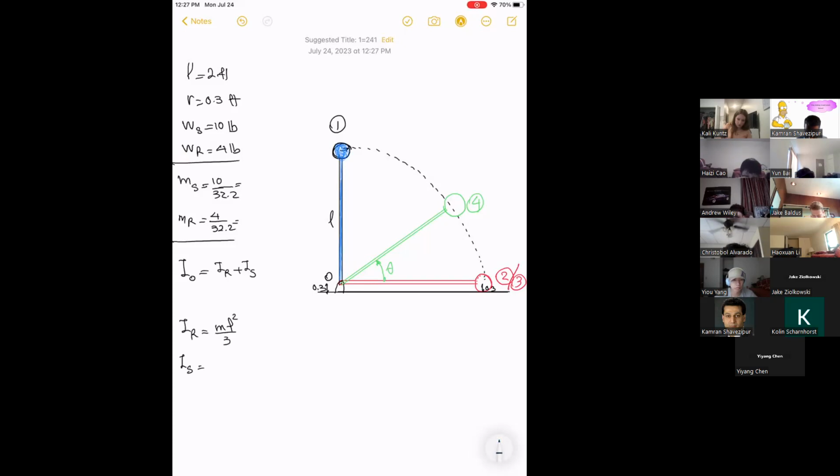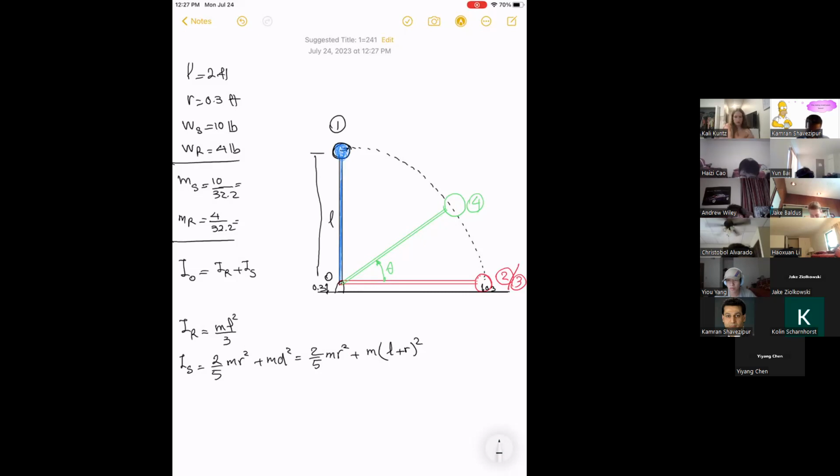I sphere is 2/5 M R squared plus the distance term, M D squared, which is going to be 2/5 M R squared plus M times (L plus R) squared, right? You can calculate this and find out the I.